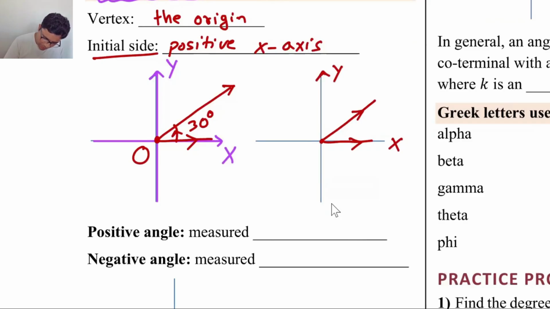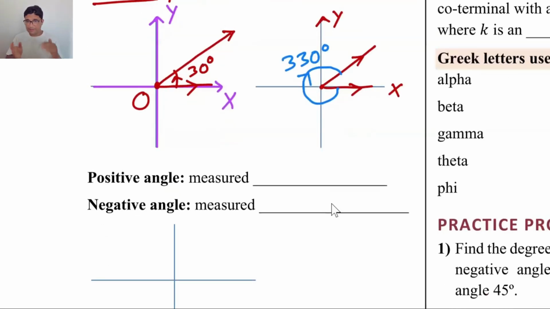And you could go clockwise. How much? 330 degree. We'll talk about that later. So you could go 30-degree counterclockwise or 330-degree clockwise, and come to the same terminal ray.